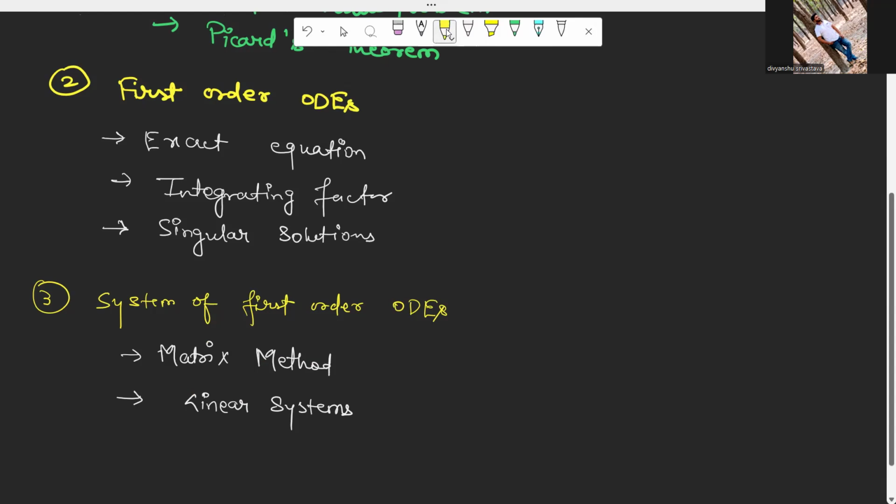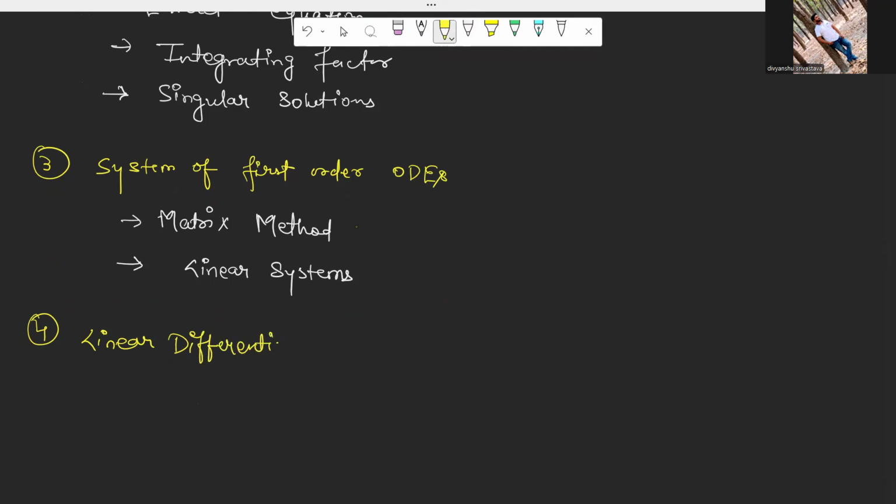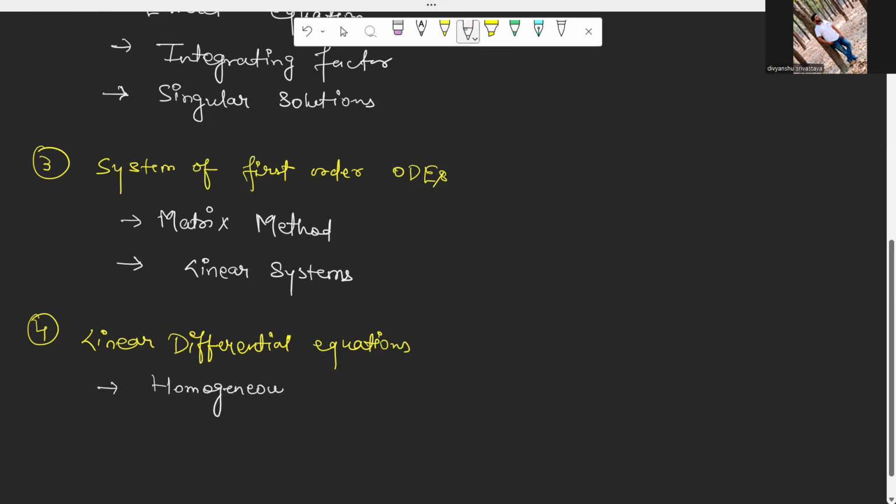And topic number 4 is linear differential equations. In this section, questions will come from homogeneous equations, and second from non-homogeneous equations.